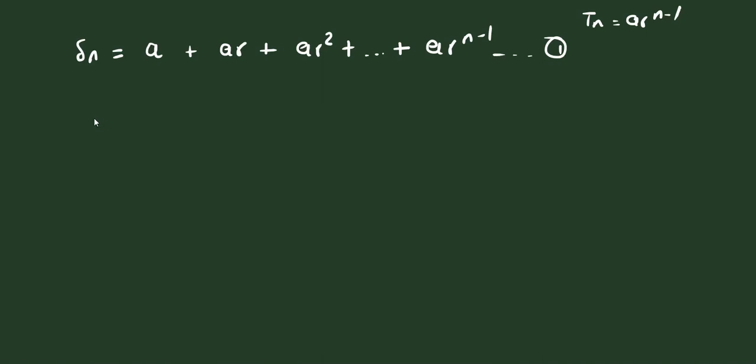Then we're going to do the same thing we did before. We multiply equation 1 by r. Then we'll have this times that, it's rSn. Then a times r is ar. ar times r is ar squared.